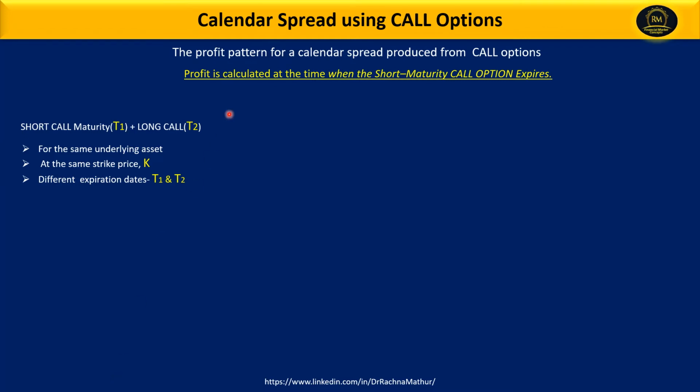So first we have to keep in mind that the profit is calculated at the time when the short maturity call option expires. So let us draw the figure.